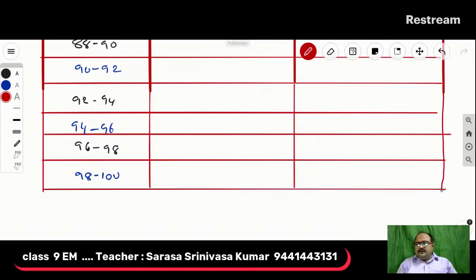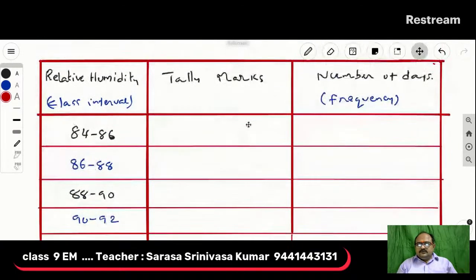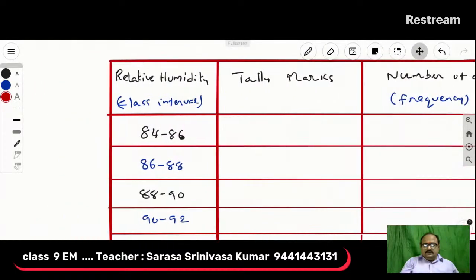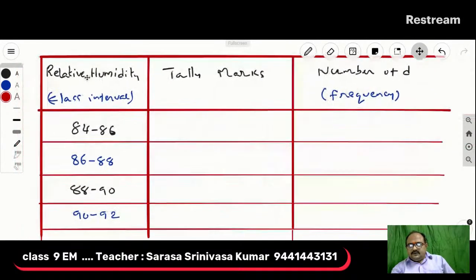Now we have to prepare the tally marks by counting the frequency. So let us observe the given data.